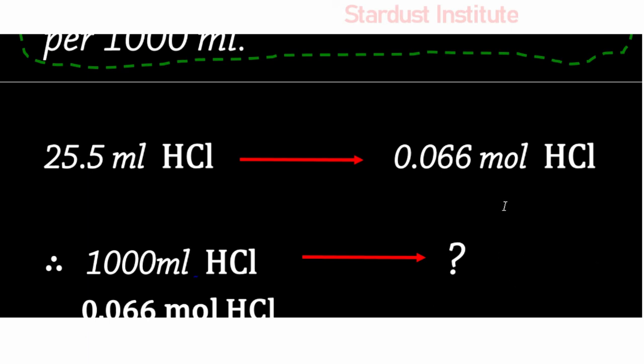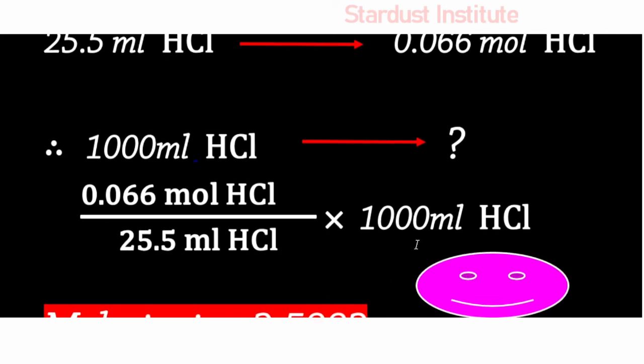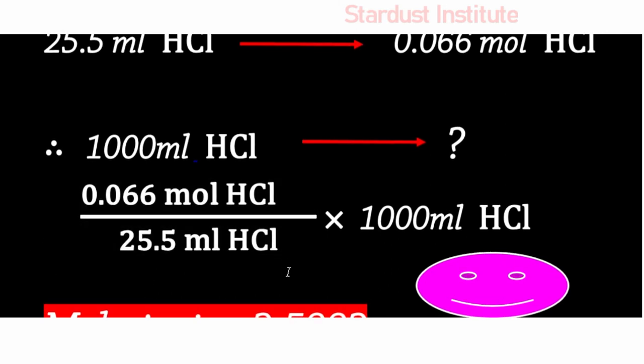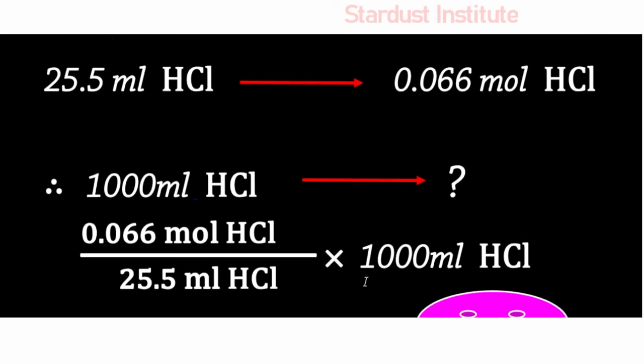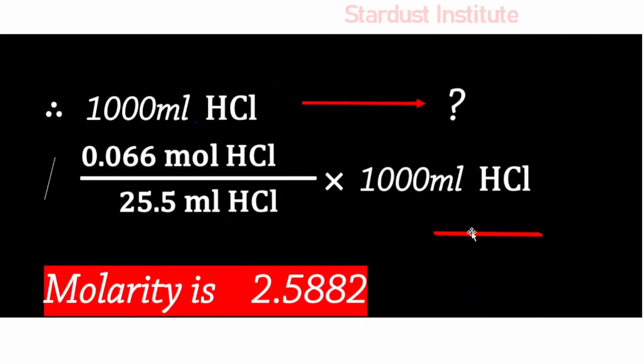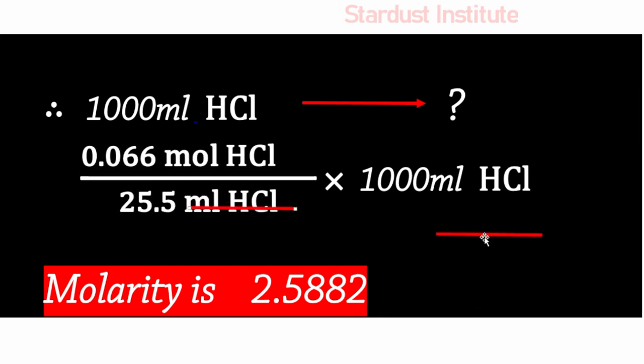We can find it in this way: 0.066 moles of HCl divided by 25.5 milliliter HCl multiplied by 1000 milliliter HCl. We should cancel out units. Milliliter HCl, milliliter HCl.